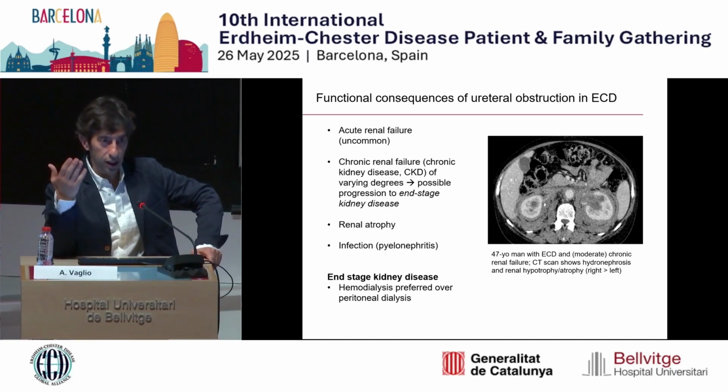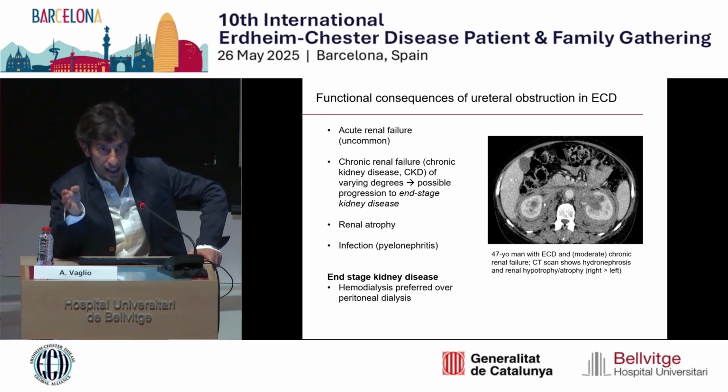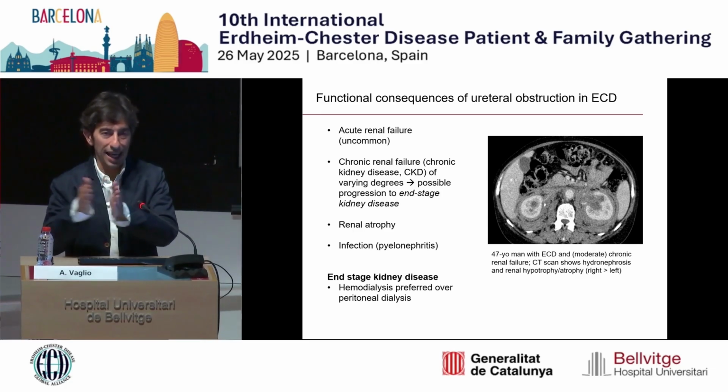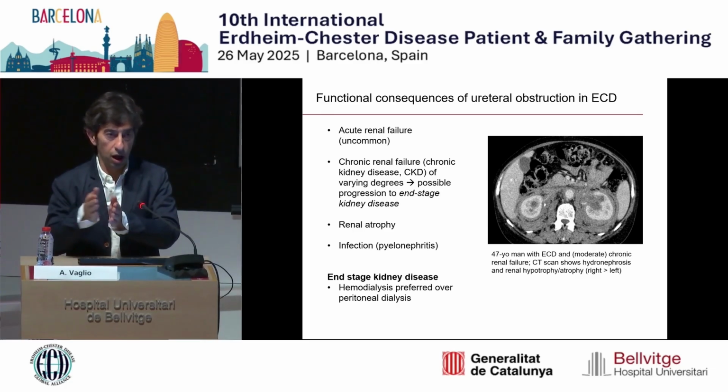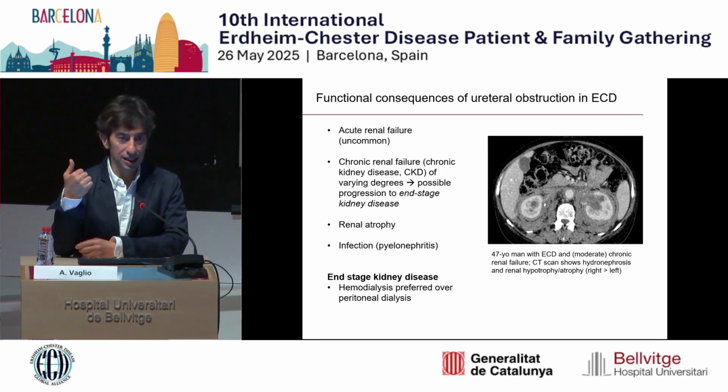It can also be acute in some patients, but it's usually slowly progressive, and this is what we call chronic kidney disease. When the chronic kidney disease is advanced, we usually refer to a staging system from 1 to 5. So when you have chronic kidney disease stage 5, this means that you need a replacement therapy. A replacement therapy is either dialysis or transplantation.